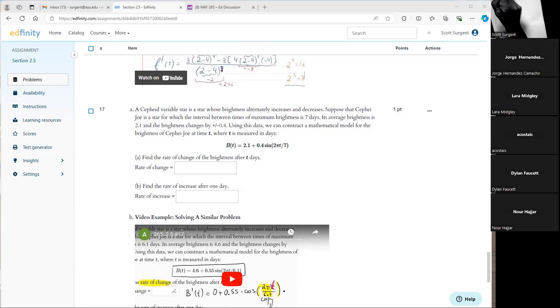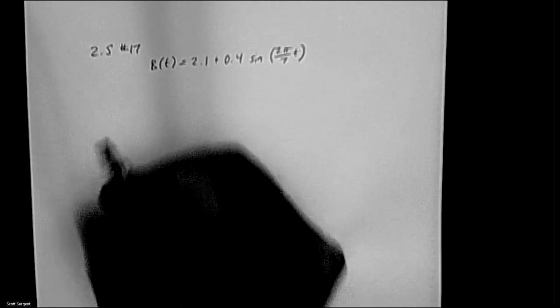The function is b of t equals 2.1 plus 0.4 sine 2 pi over 7 t. And we want to know the rate of change after 1 day. Okay. So the rate of change is just the derivative.